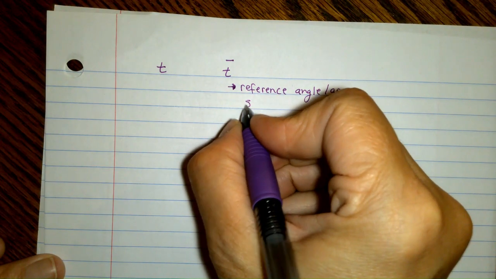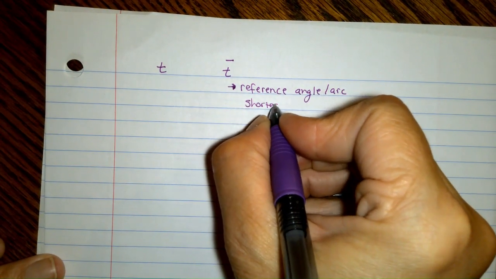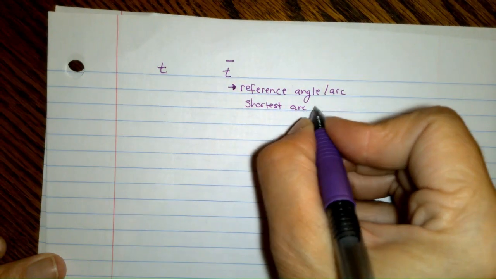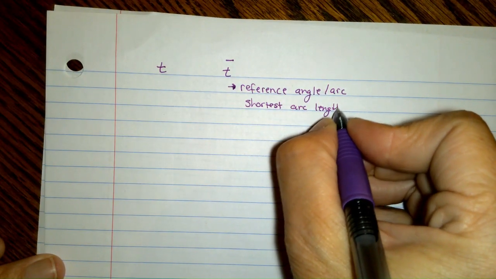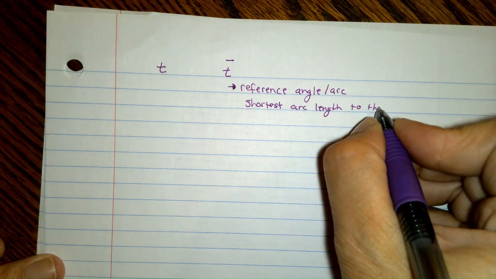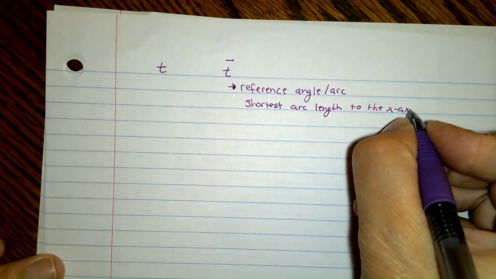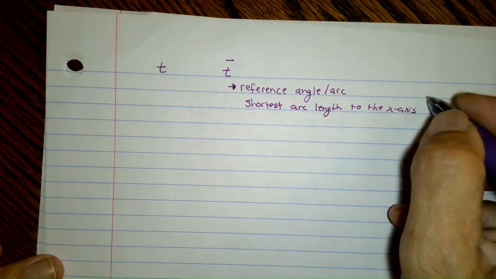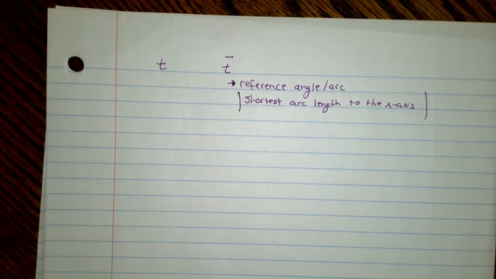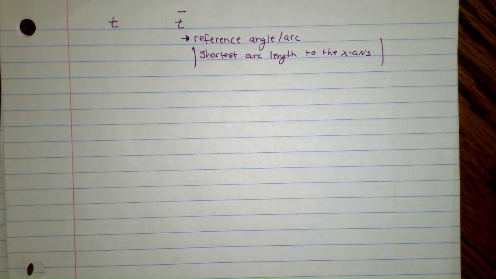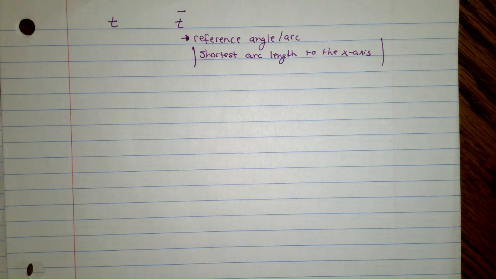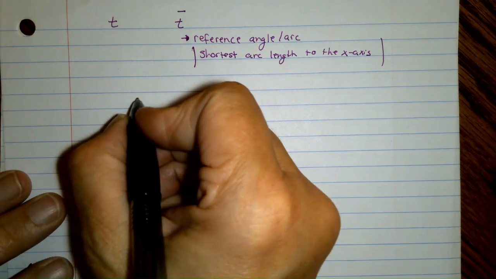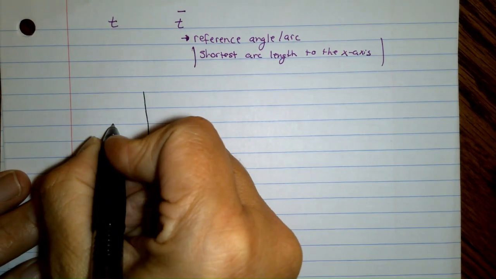It's the shortest arc length to the x-axis. And it will always be positive. So technically, absolute value. I don't care whether you're going up or down. I don't care.